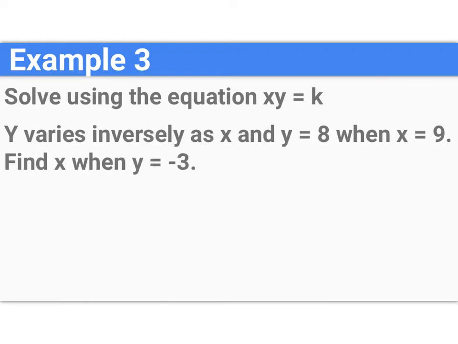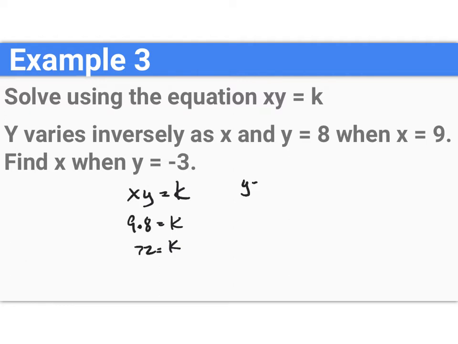All right, let's look at our third example. y varies inversely with x, and y equals 8 when x equals 9. So we know that x times y equals k. They give us x is 9 and y is 8, and so k equals 72. Okay, so now we found the constant of variation. Find x when y equals negative 3.